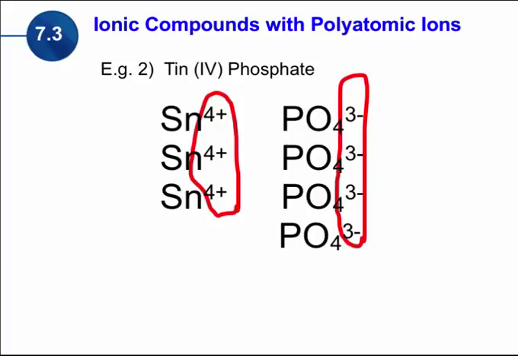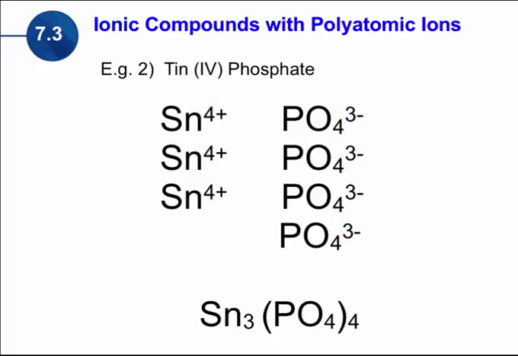Now with this polyatomic ion, the difference is we need to put some brackets, and those brackets are very, very important. We count the number of tins. We have 1, 2, 3 tins. That's where the 3 comes from. And 1, 2, 3, 4 PO4s. That's where this 4 comes from.